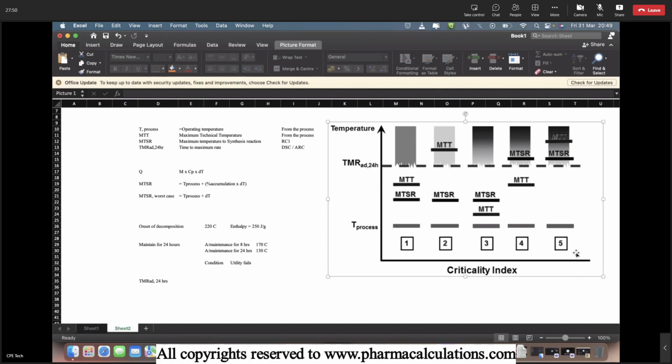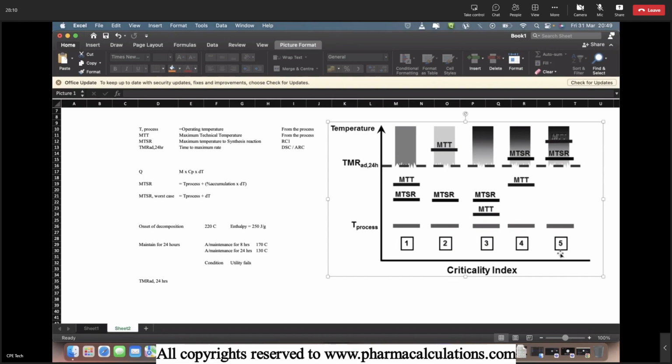So this is about the classifications, and the final point is that class 1 and 2 are the safest scenarios, and classes 3 and 4 have some concern, but there is no need to worry if we have some engineering controls in place.